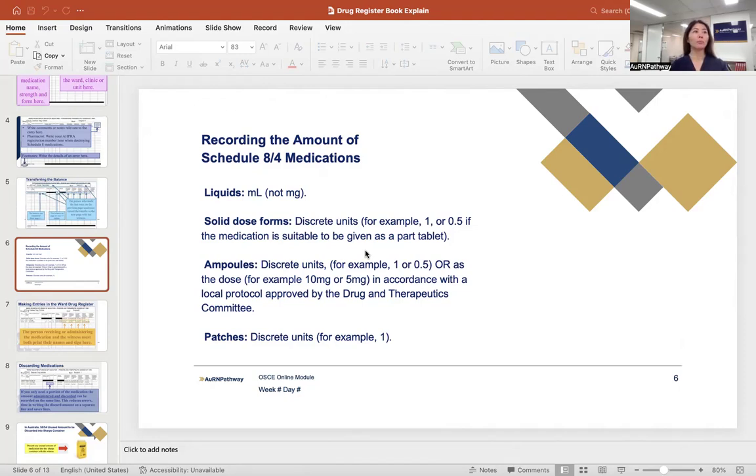Just so you know, the policy in Australia is that once a particular tablet, some meals, ampoules or patches are missing, this has to be reported to the nursing unit manager. The nursing unit manager will then investigate what happened, where did it go.